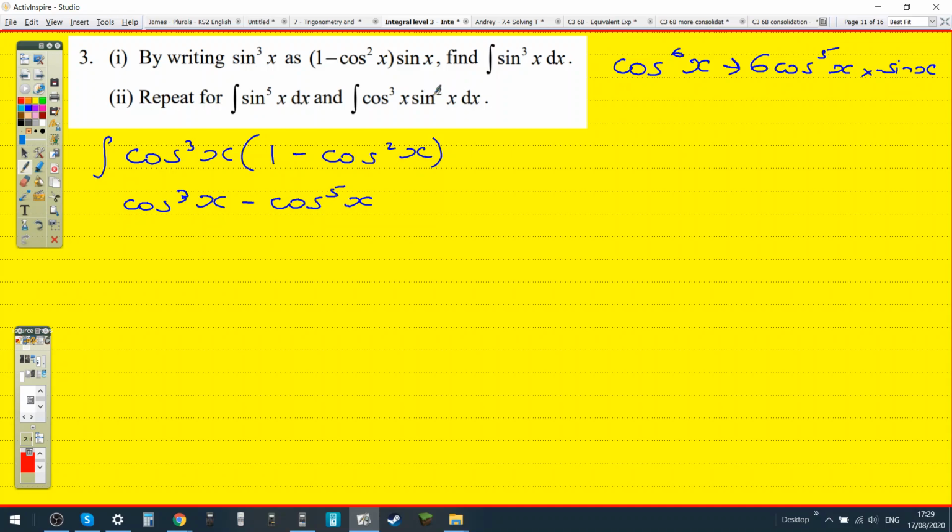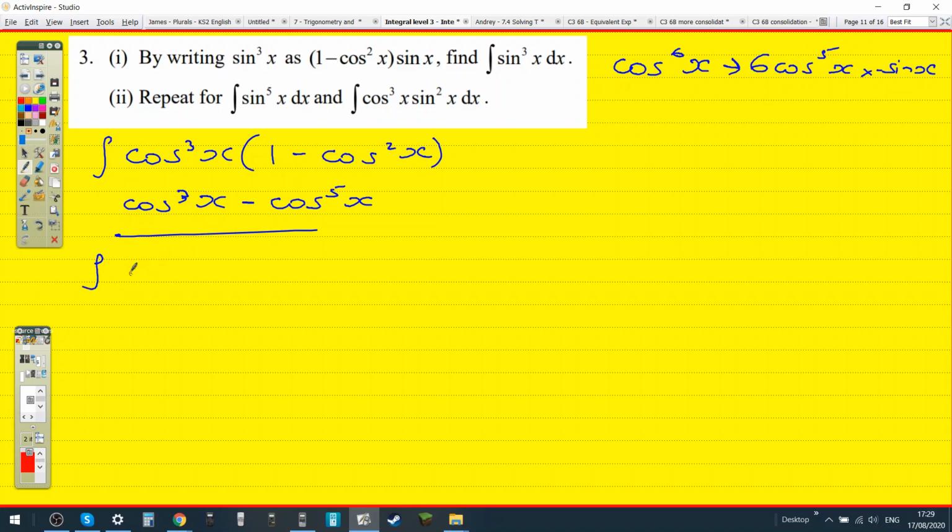Because that would become 1 minus sine cubed x. I don't believe it would. It'd be cos x times 1 minus sine squared x. Is that right? I think so.